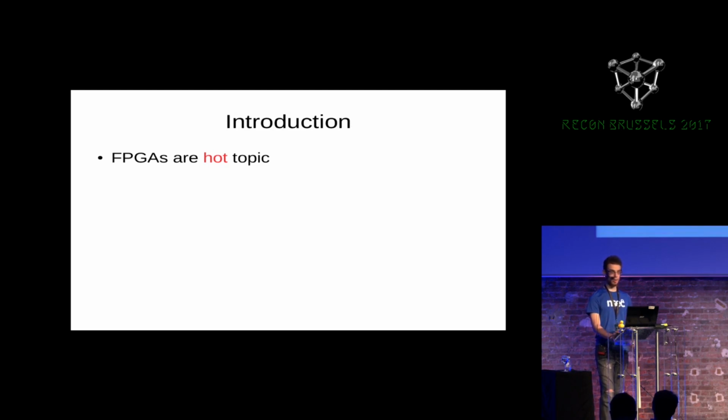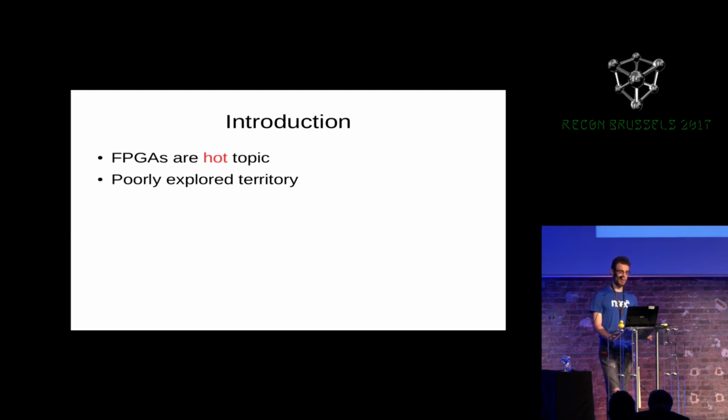FPGAs right now are really a hot topic. With Amazon recently putting FPGAs in the cloud, and with the recent Project IceStorm that made a huge buzz in the hacking community and around FPGAs altogether. But it's very poorly explored territory.